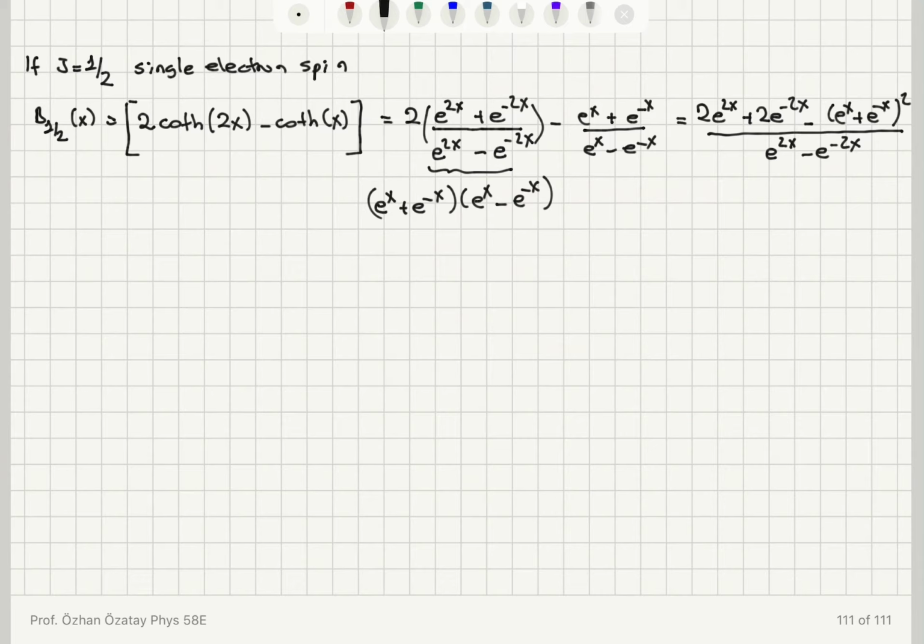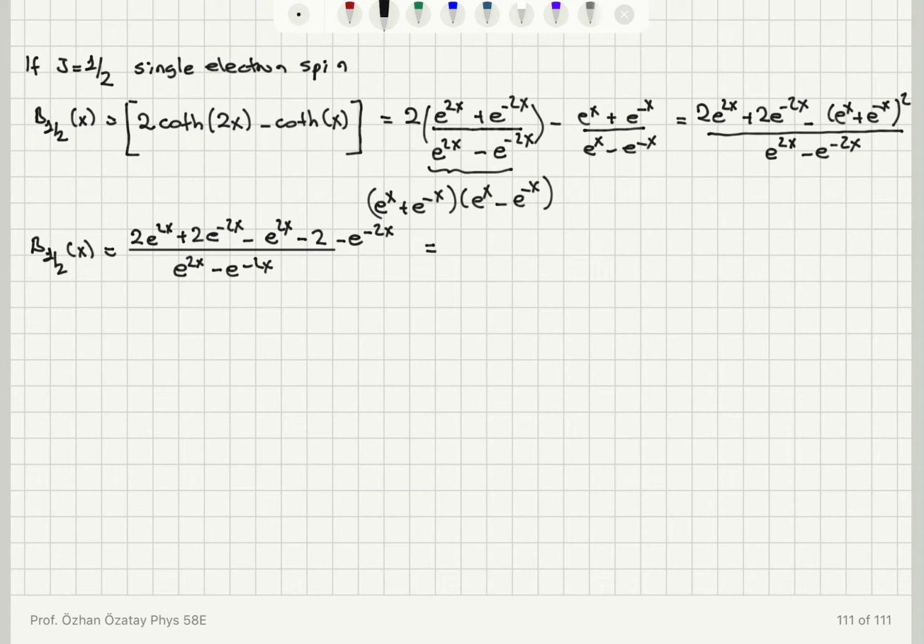So this is going to give me, for the Brillouin function in this limit, with j equal to 1/2, 2 e to the 2x plus 2 e to the minus 2x minus, e to the x squared, e to the 2x, plus 2 will become minus 2, plus e to the minus 2x will become minus e to the minus 2x, and this divided by e to the 2x minus e to the minus 2x.